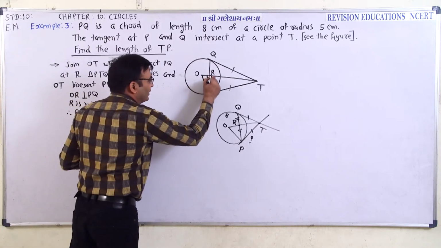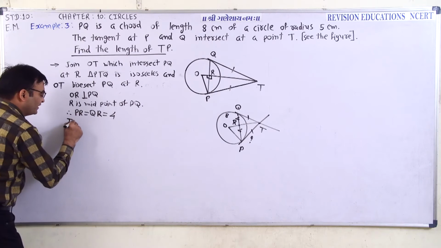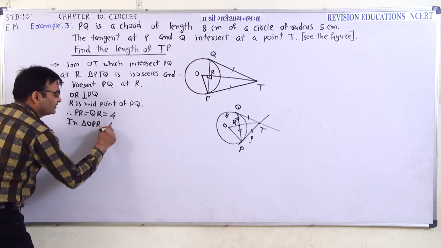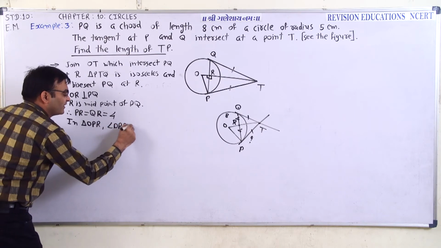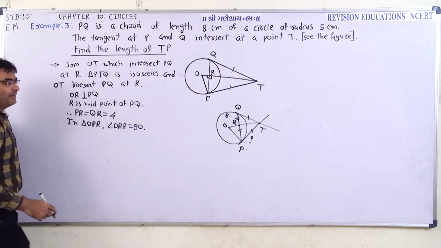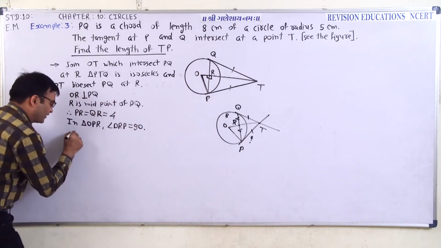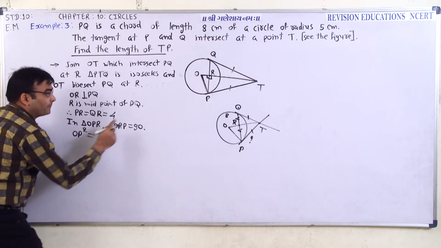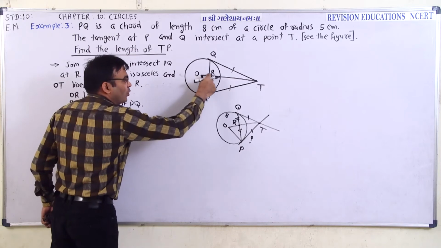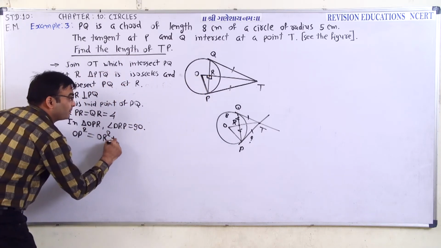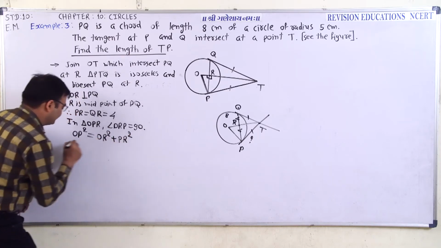Now take these two triangles here. In triangle OPR, angle ORP is equal to 90. By Pythagoras theorem we can write OP square is equal to OR square plus PR square.